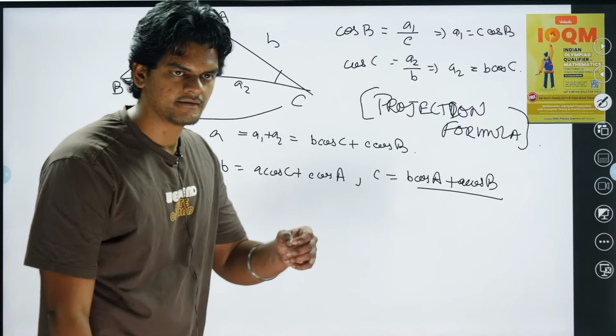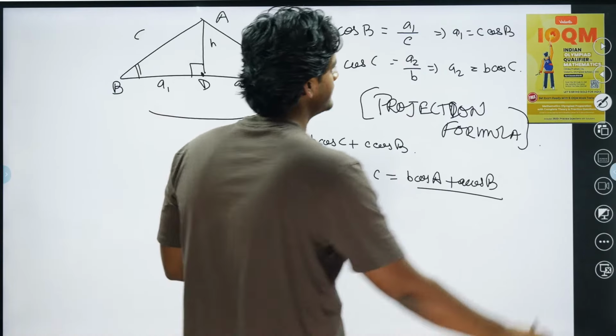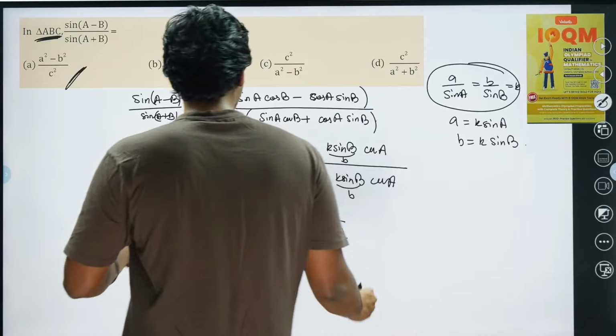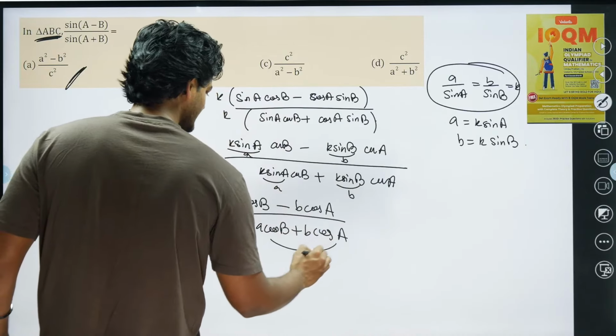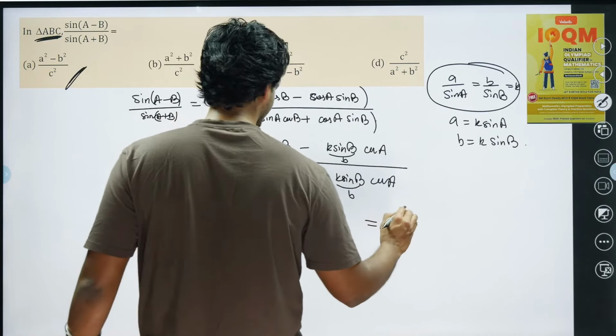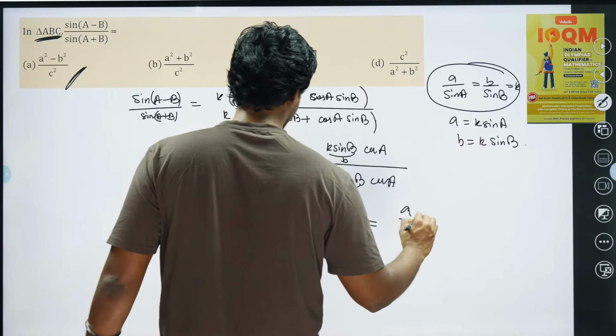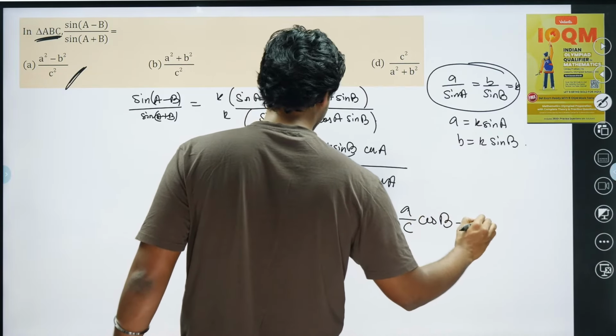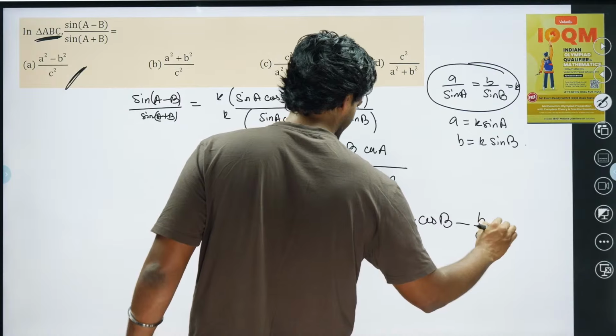So the denominator is simply c, and you have a by c cos B minus b by c cos A.